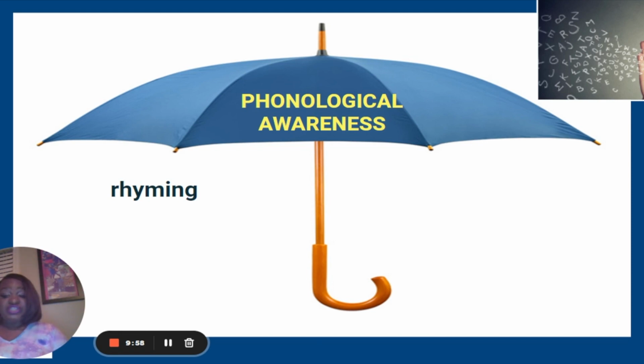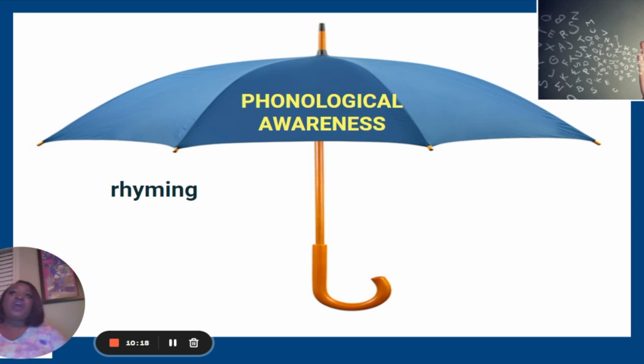We do need to note that the standard for rhyming does have two parts. Our scholars are not only asked to identify rhyming words, but they are also asked to be able to produce those rhyming words.